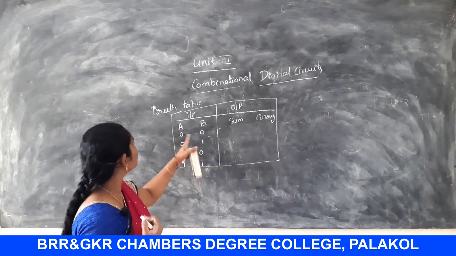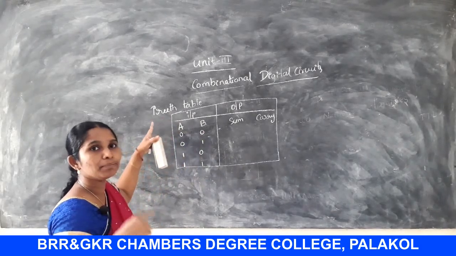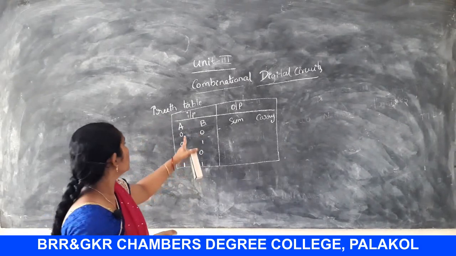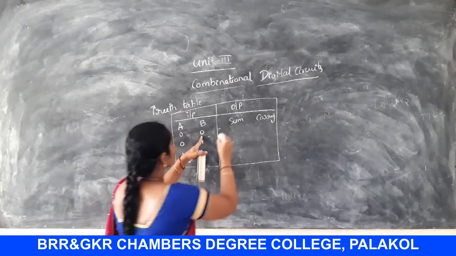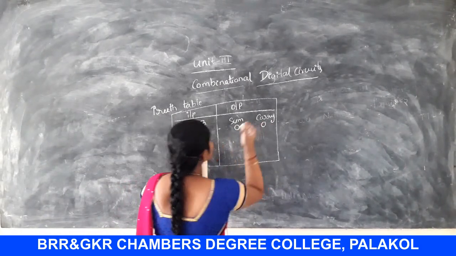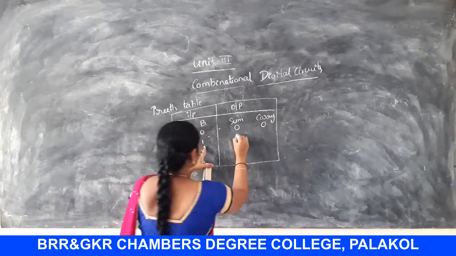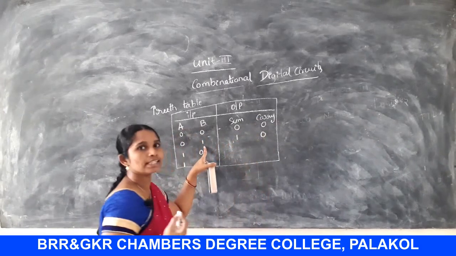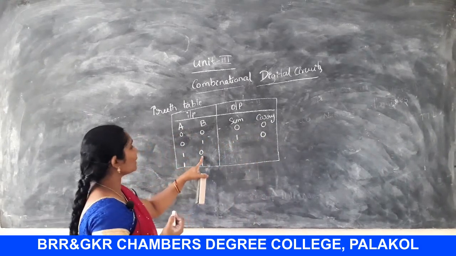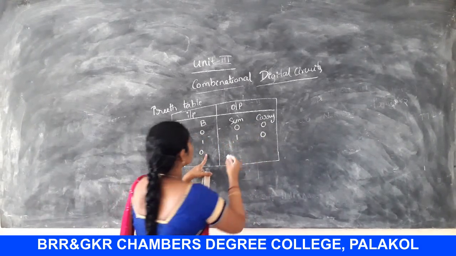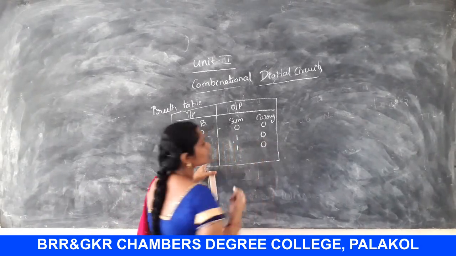The half adder is nothing but it will add the 2 numbers. So 0 plus 0 is 0 and carry is also 0. 0 plus 1 is 1 and carry is 0. Next one is 1 plus 0, which is 1 and carry is 0.